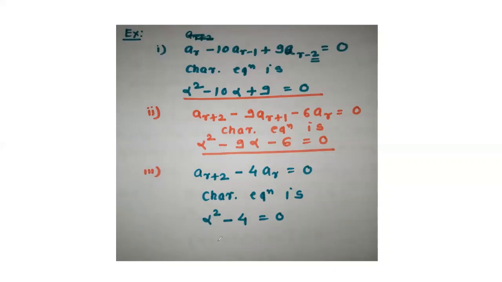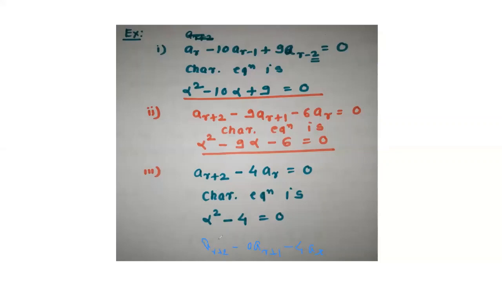Generally we have seen the equation a_(r plus 2) minus 0 a_(r plus 1) minus 4 a_r. So actually this equation is like this.